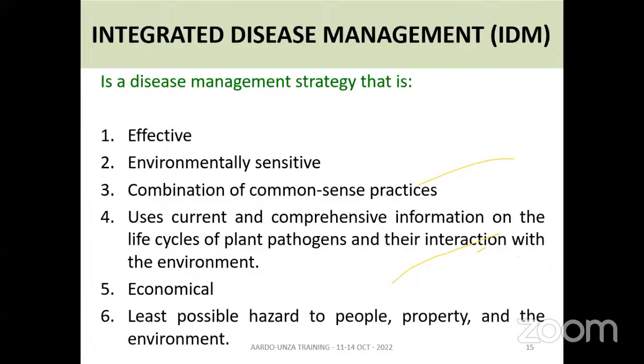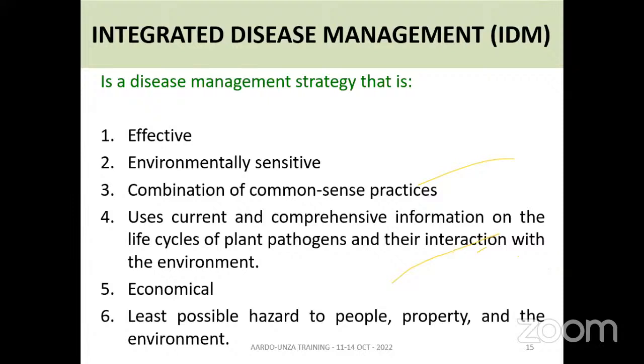There was also a realization that sometimes control needs to be tied to economics. Not sometimes, most times. There are certain scenarios where you actually don't need to do anything. You get into your field, you notice one leaf on one plant in a 5-hectare crop. One leaf has a disease symptom.